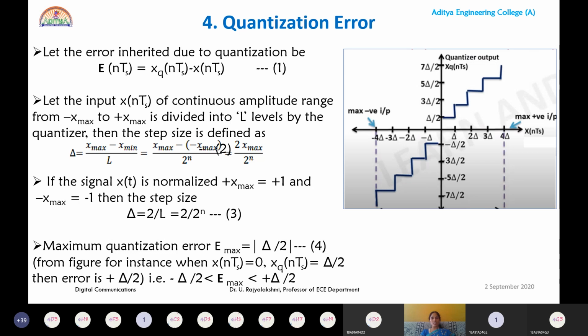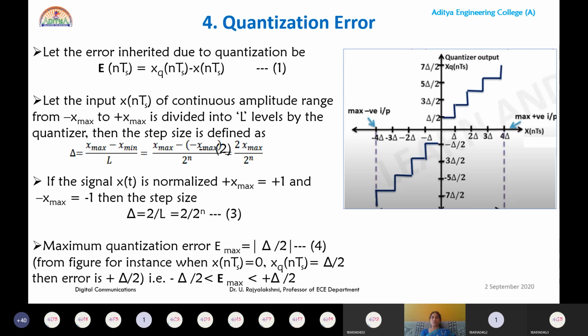Now at each and every instant you know the values of x of NTS and xq of NTS. You can calculate the error E from equation 1 as xq of NTS minus x of NTS. Now please tell me the value of error E when x of NTS equals 0.